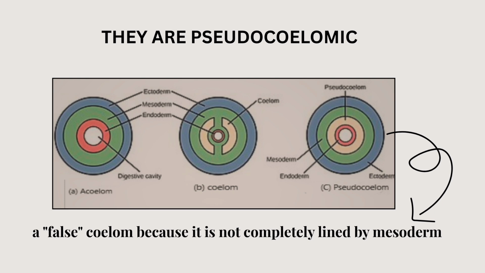So what do you mean by pseudocoelomates? There are three different types of coelom. The one without a coelom, that is acoelomates, the second one coelomates, which have a true coelom, and the third one pseudocoelomates. They do not have a true coelom, so they have a pseudocoelom. So what do you mean by a true coelom?